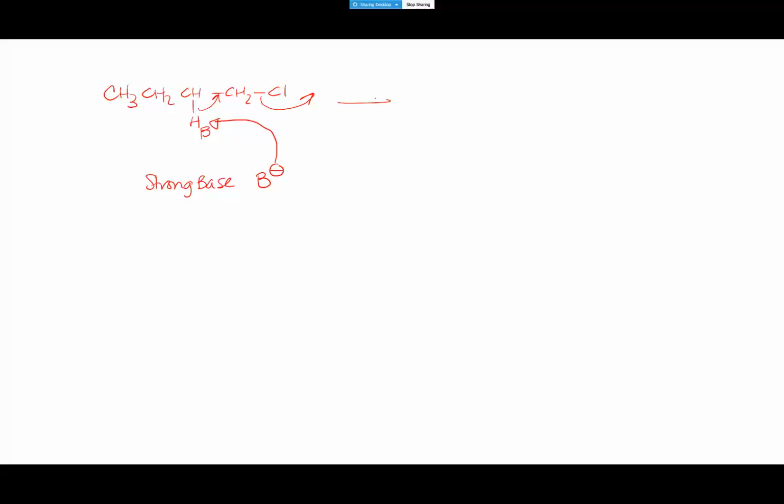So what's that transition state going to look like? You tell me. What bonds am I making and breaking? ClCH2, that's a partial bond.